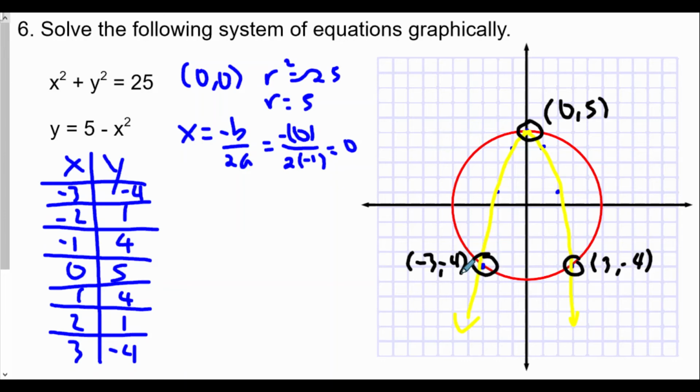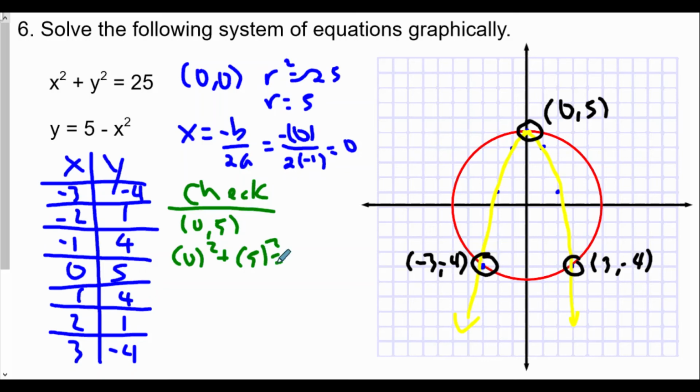But we have to check though, so let's do a check. We're going to check both equations. So we begin with the coordinate (0, 5). Does 0 squared plus 5 squared equal 25? 25 equals 25.